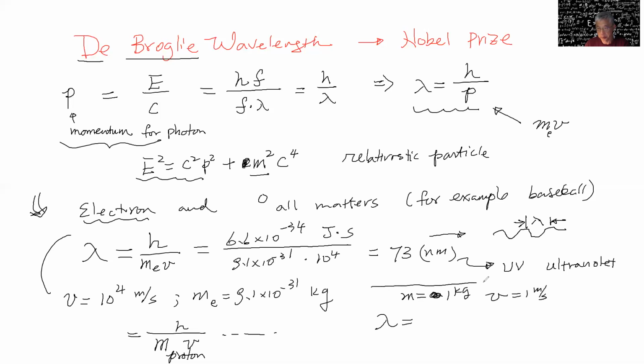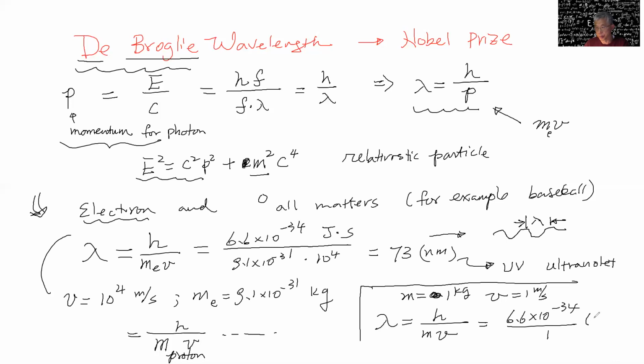Then the de Broglie wavelength for this ball traveling at this speed is equal to 6.6 times 10 to the negative 34, and then you have 1 here, so it's just that.